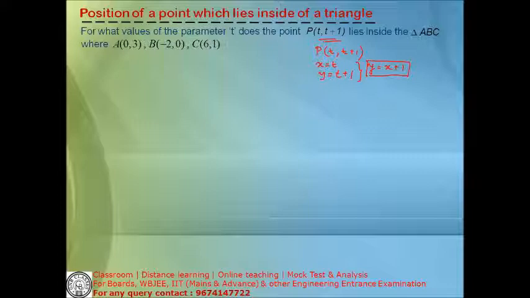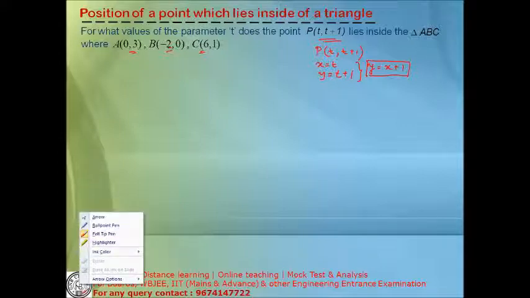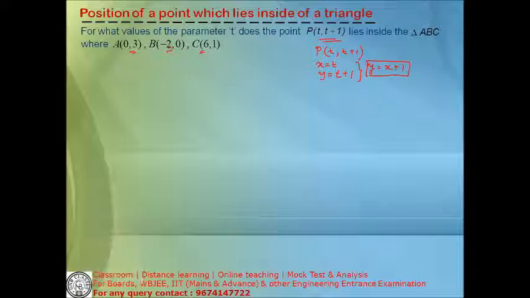Okay. Now let us plot these coordinates A, B and C in the plane. Let us draw the coordinate axes and plot those 3 points A, B and C, and join them by straight lines.